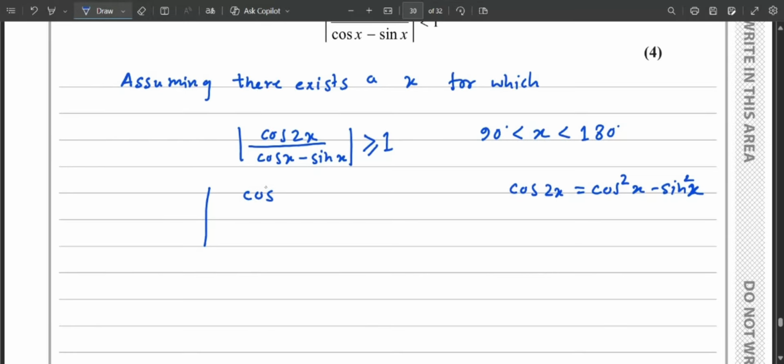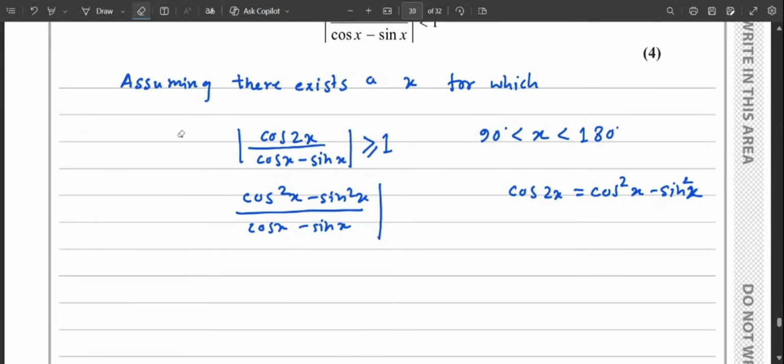So instead of cos 2x, I can write cos square x minus sin square x divided by cos x minus sin x, with modulus, and this is greater than or equal to 1. In the numerator we have cos square x minus sin square x. We can write it in terms of factors using the a square minus b square formula.